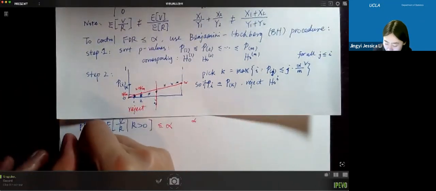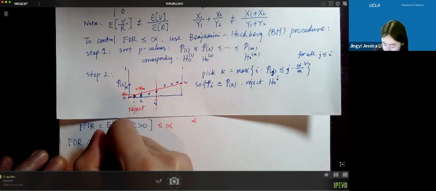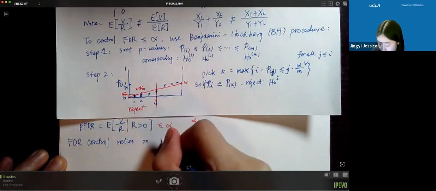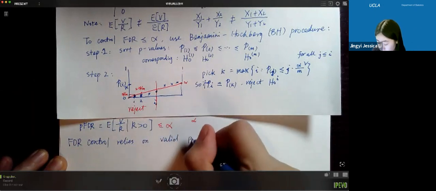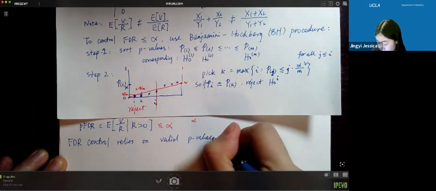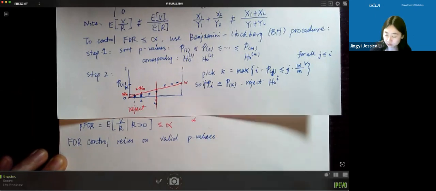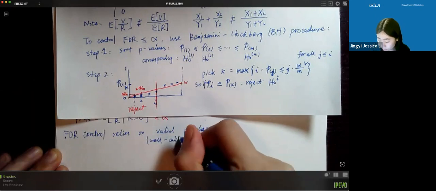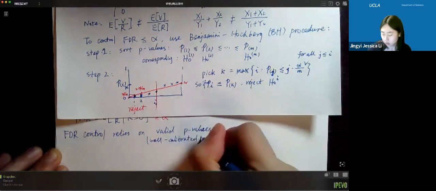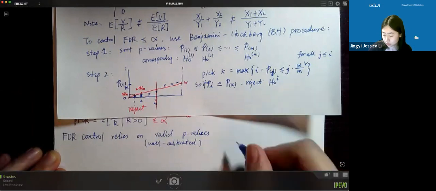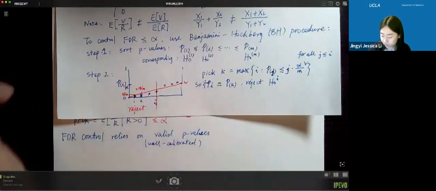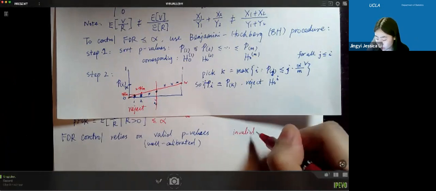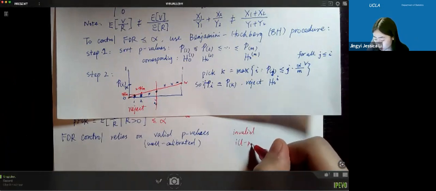So basically, FDR control relies on valid p-values. Some people call these well-calibrated p-values, versus invalid p-values or ill-posed p-values; you will see those terms.